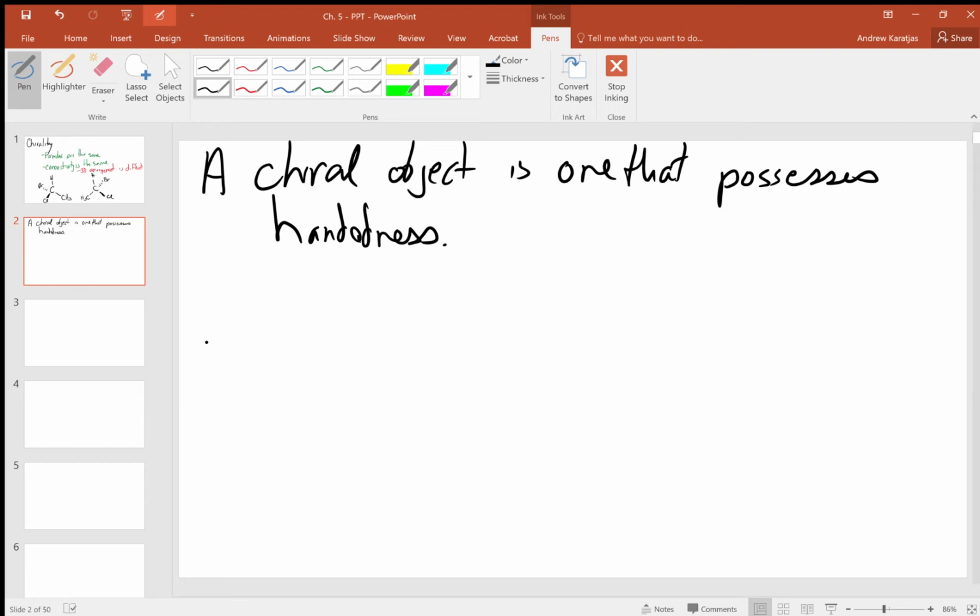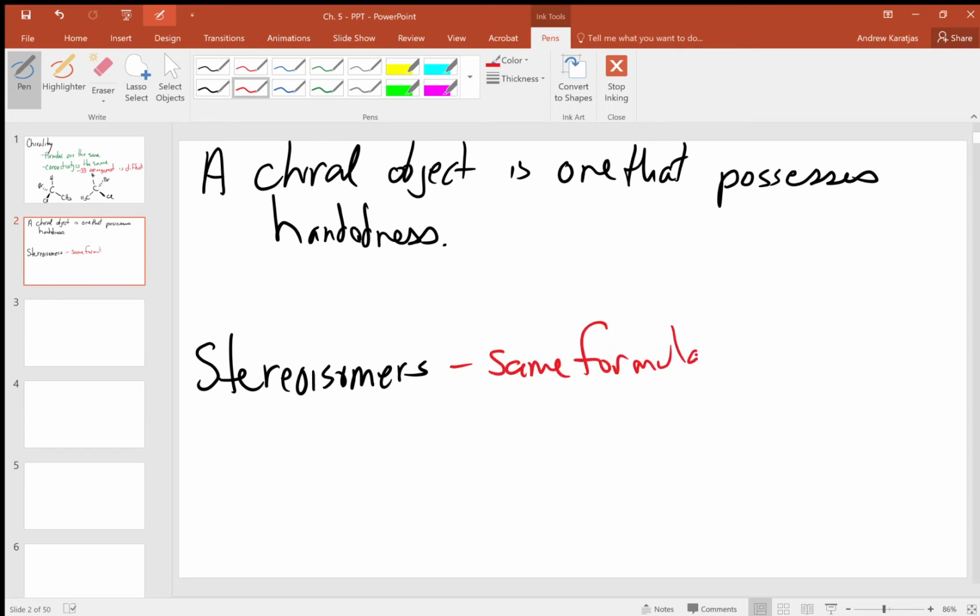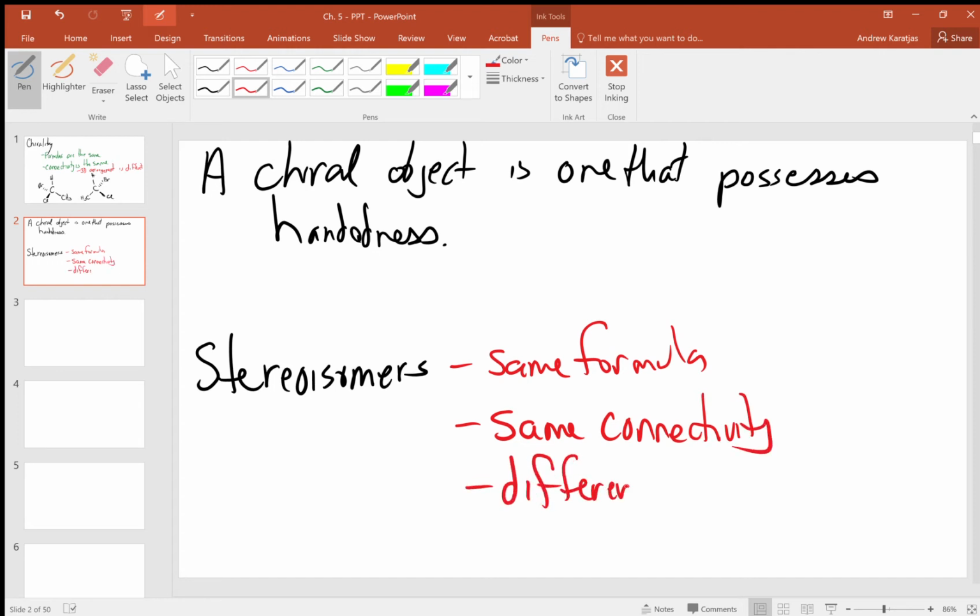So overall, we call this class of molecules stereoisomers. So again, these are molecules, same formula, same connectivity, different 3D arrangement.